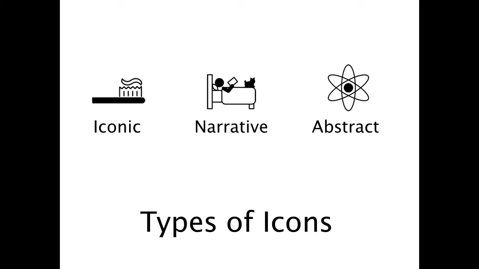Imanol, do you want to talk about the different kinds of icons? Yeah. Right now we are going to have a session for designing some civic icons, and there are 3 basic styles. The iconic style is a more simple icon that is just an object that represents something. It's very literal. So you have a toothbrush, that means toothbrush. And then you have a more narrative style, it tells you a story, it's more dynamic.